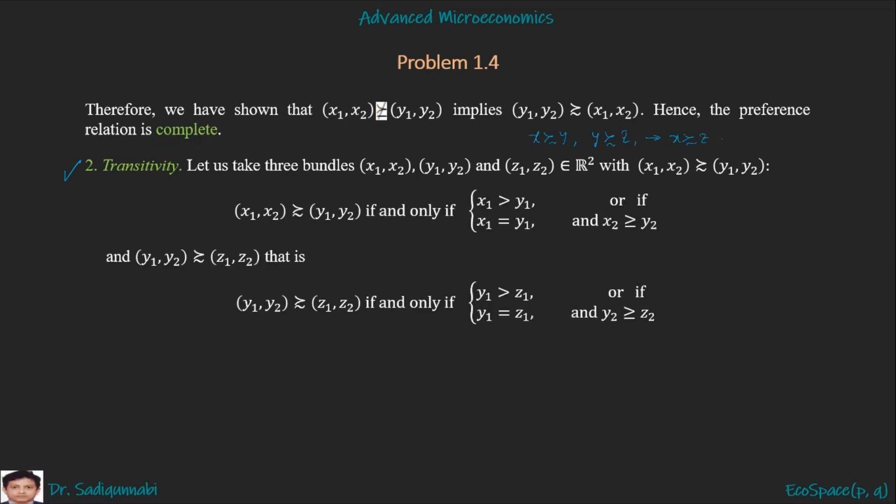We now have a couple of "or" and "if" logic with the preference relation. And if we combine them, we can find four possible cases in which X is preferred to Y and Y is preferred to Z. What are the cases?